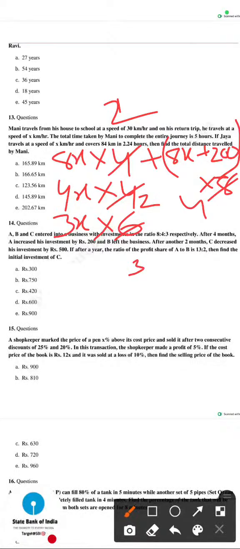So we have 8 2 times, which is 16x, plus 8 4 times 32. 16 plus 32 will be 48x, plus 4 200 times, which will be 800.